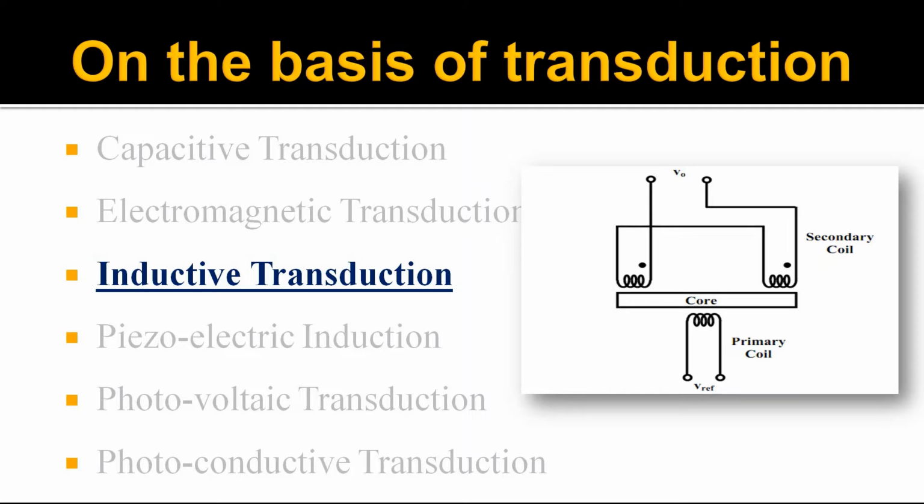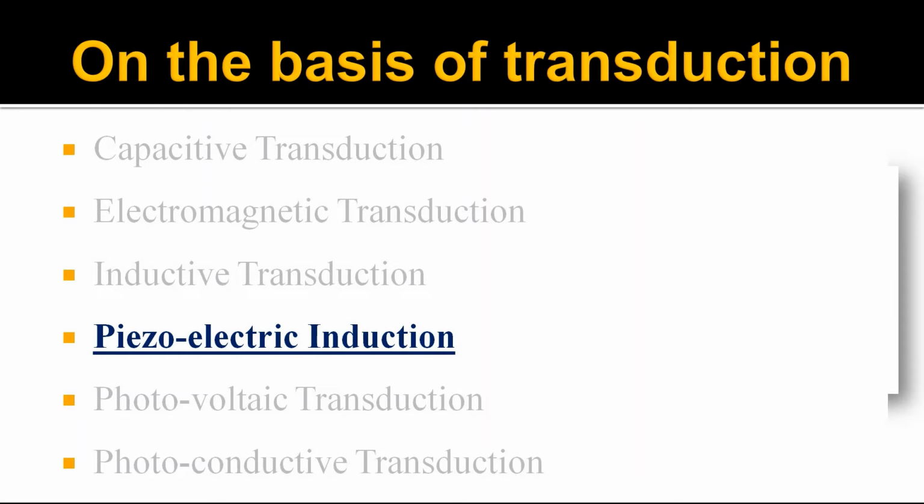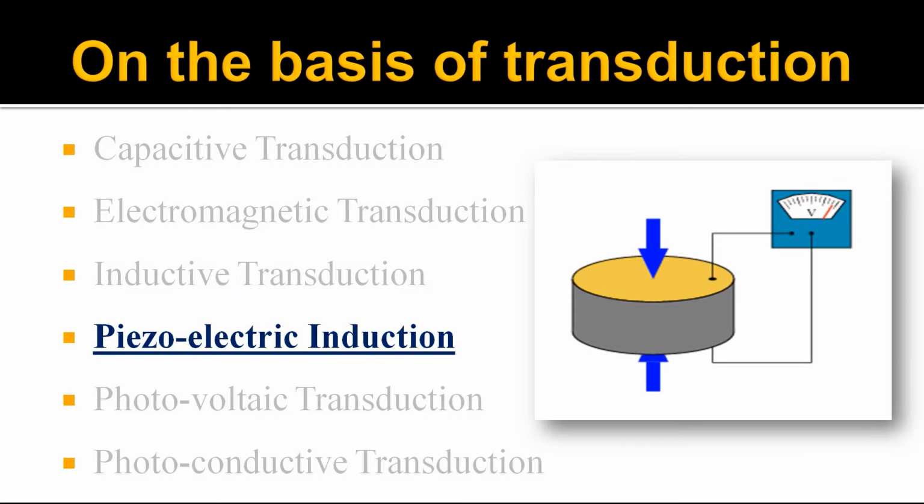The next is inductive transducer. In inductive transduction, the measurand is converted into a change in the self-inductance of a single coil. It is achieved by displacing the core of the coil that is attached to the mechanical sensing element. In piezoelectric transduction, the measurement is converted into a change in electrostatic charge or voltage generated by crystals when they are pressed mechanically.